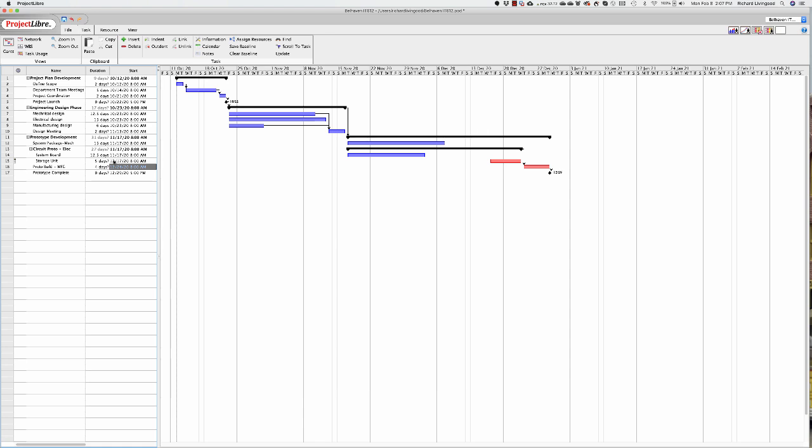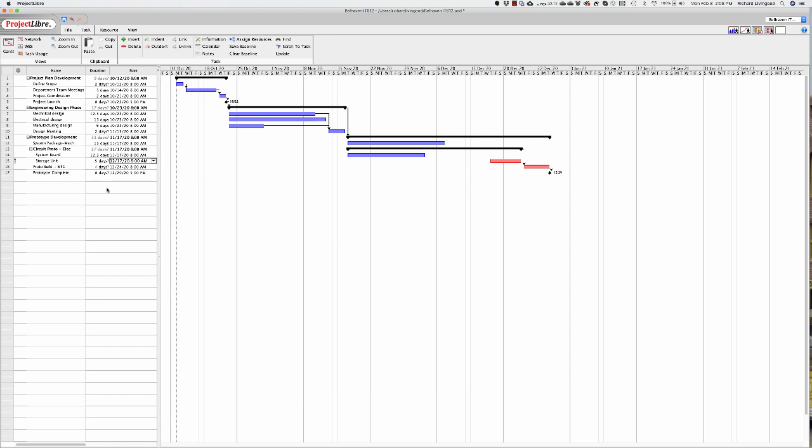All the other items are capable of being done well before the 17th of December, and because of that, critical path is no longer driven by the project plan and the engineering design phase. And you say, well, now wait a minute, why wouldn't they? They have to be done before the storage unit starts.